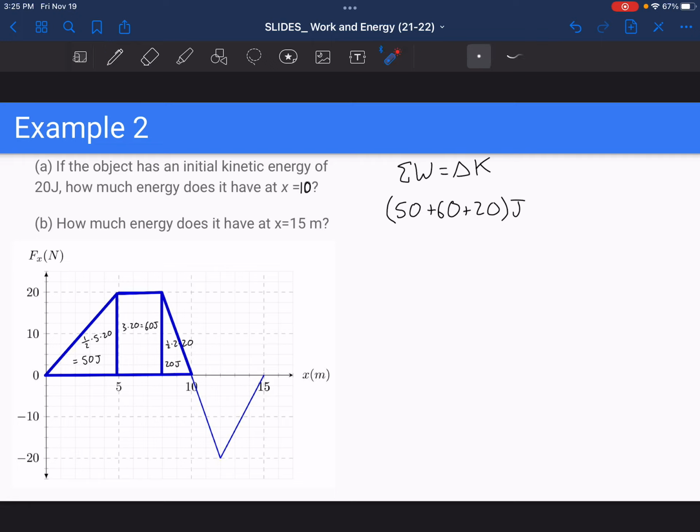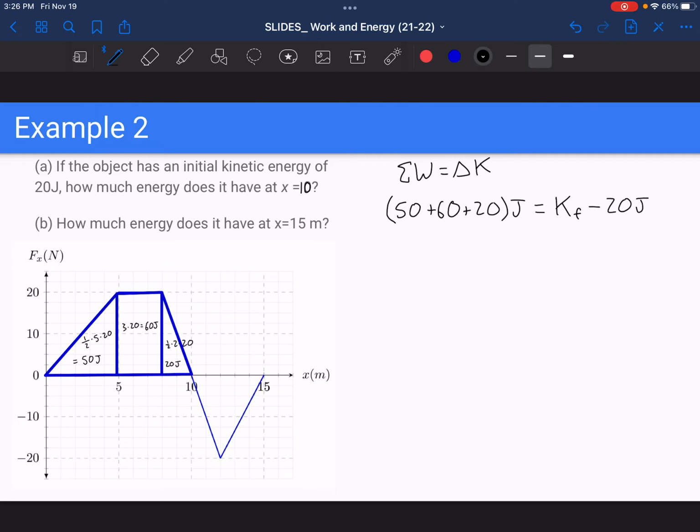And let me just double check that. All right, so that should be equal to delta K, and that's K final minus K initial. And the K initial we know is 20 joules.